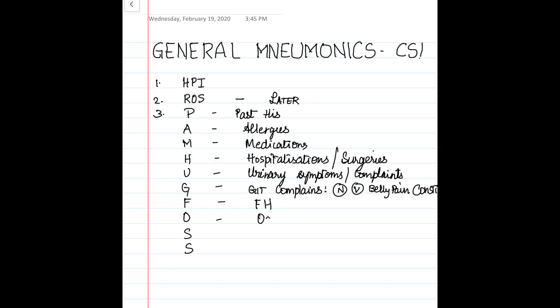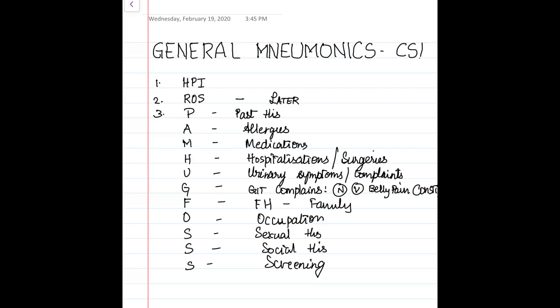O is for occupation. S is for sexual history, and S is for social history. And what I do is I also take screening here with all the rest of the S's.